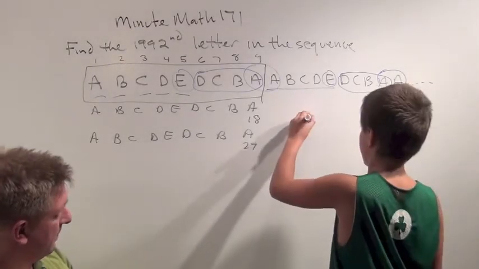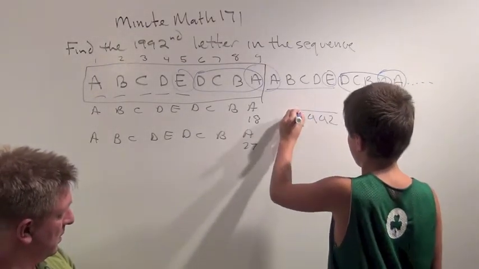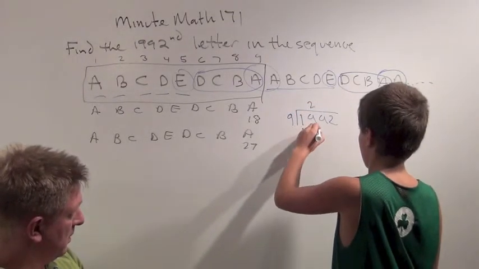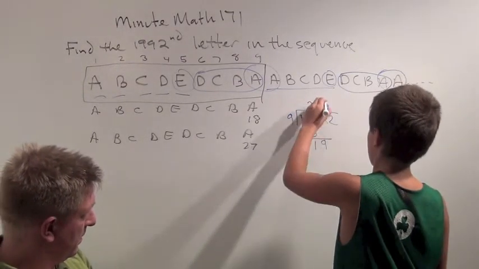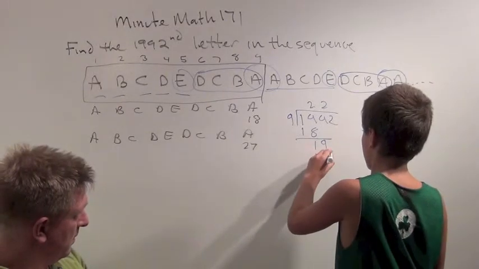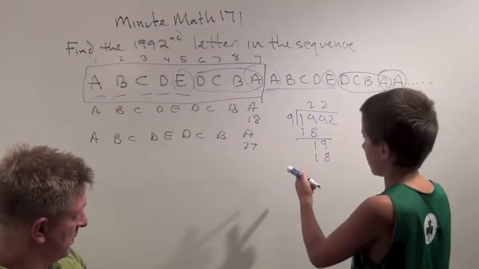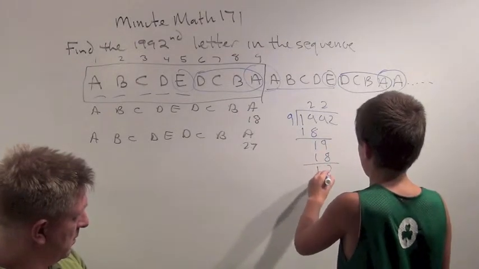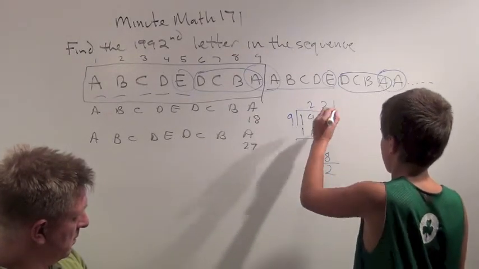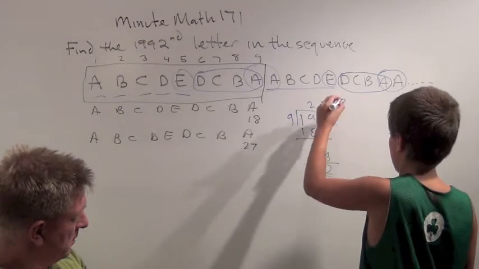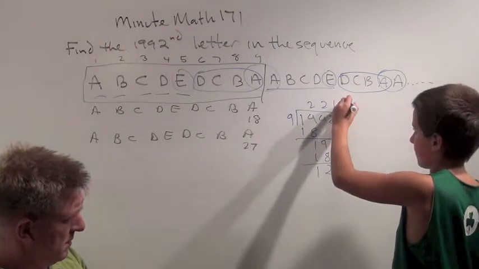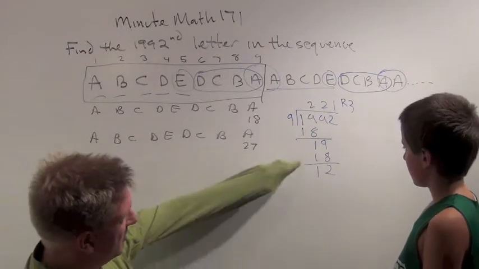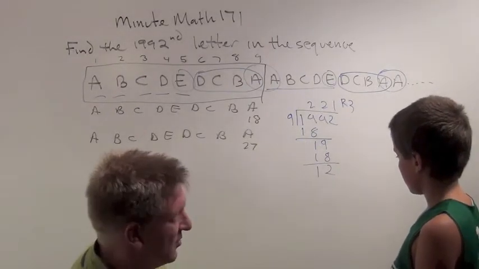Go ahead. 9 times 2 is 18. You wrote the right thing on the board, but 19 minus 18 is not 12.